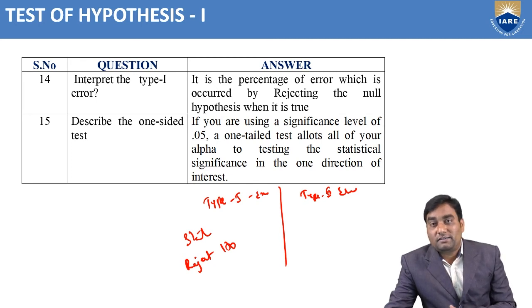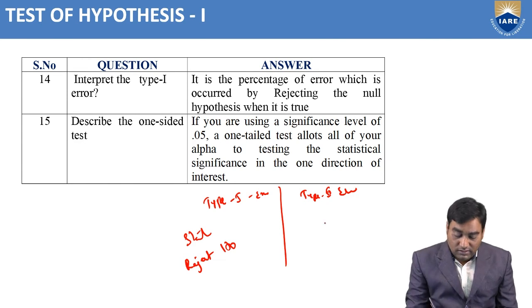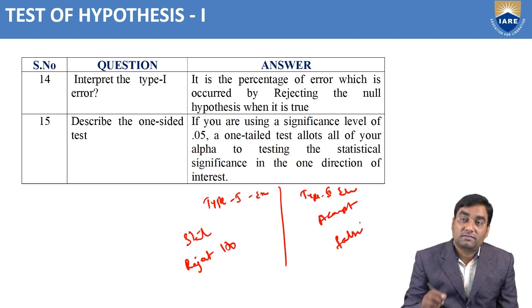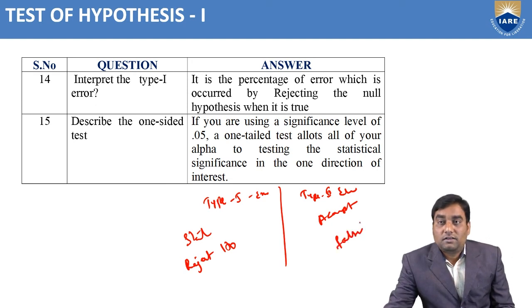Type 2 error is the reverse: accept when it is false. Whatever the statement is, I take a false statement, and even so I accept it.